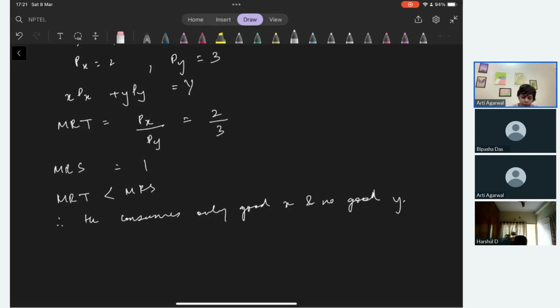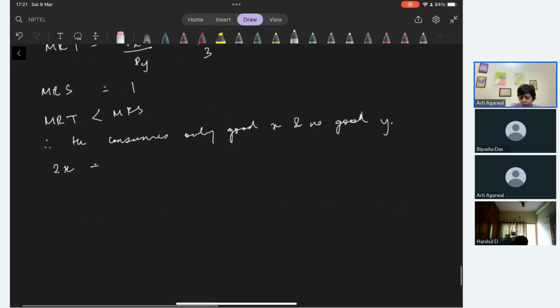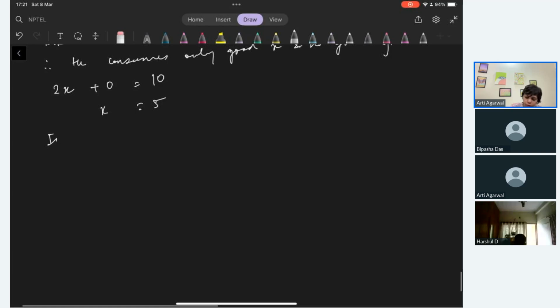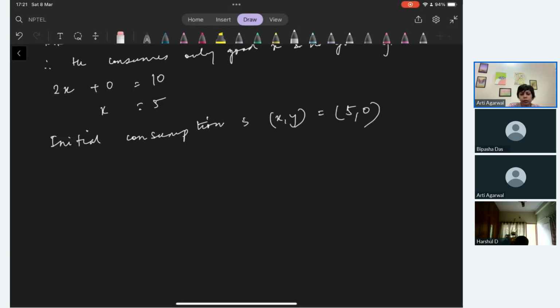What is the budget? x px plus y py. Now in this, plug in the value of px, which is 2, plus 0, is equal to 10. Therefore, x is equal to 5. Right? So initial consumption is 5 comma 0.